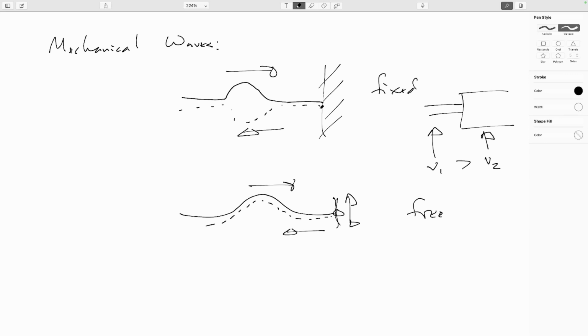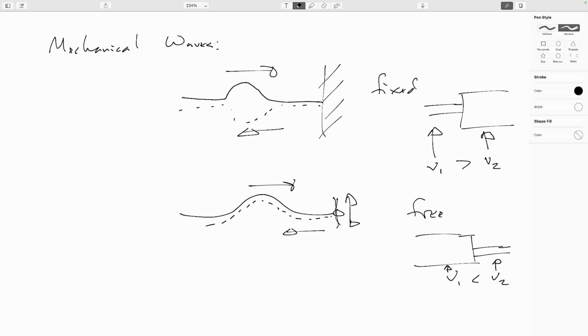And so when you change from faster to slower, you reflect back upside down. On the other hand, you also get this situation if you had an interface like this, where the wave speed is slower in this part than it is in this part. The wave that reflects back off of the interface here would reflect back right side up.